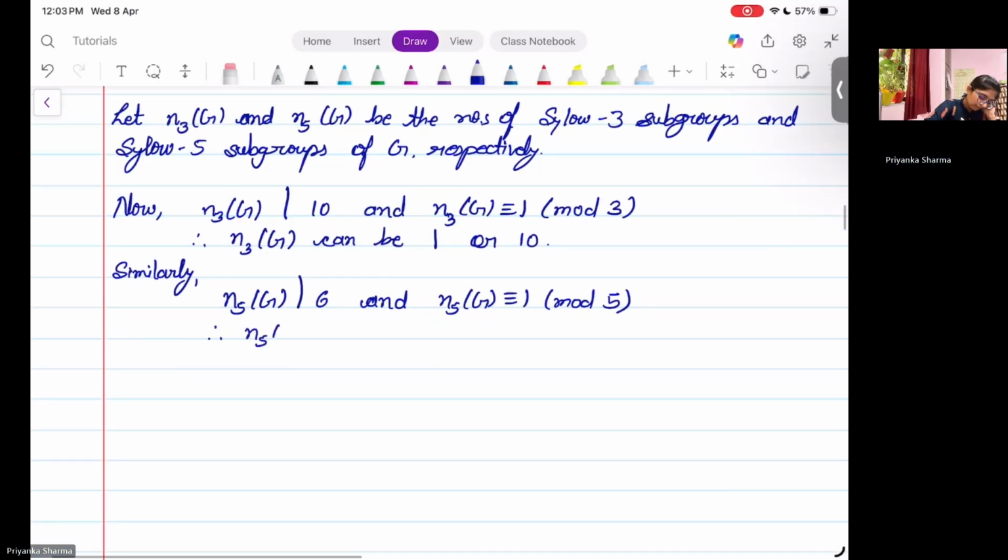Therefore, what are the possibilities for N5G from the divisors of 6? This can be 1, this cannot be 2, this cannot be 3, but this can be 6 because that is congruent to 1 mod 5. So this can be either 1 or 6. Okay.